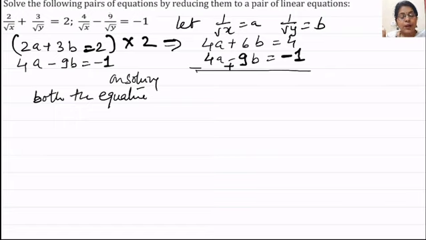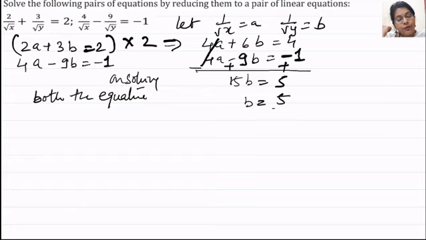In subtracting we have to change the sign. Plus will become minus, minus will become plus, and minus will become plus. So this is 9 plus 6, 15, and this is 5. So what is the value of b over here? 5 upon 15, 1 upon 3. So we have got the value of b is 1 upon 3.